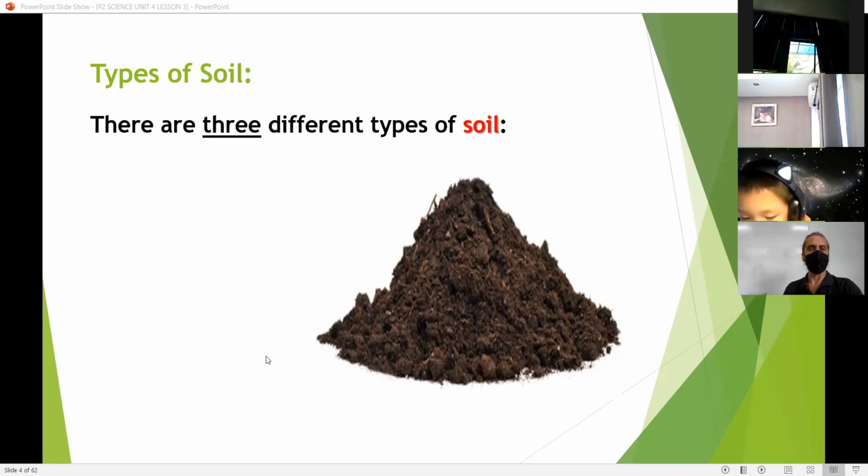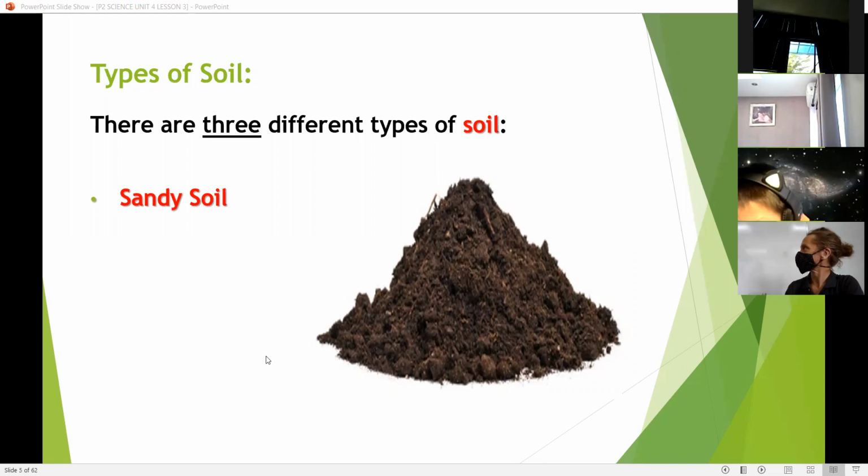Let's look at the first type here. What does this say in red? Sandy soil. Yes. The first one is sandy soil. Everybody, sandy soil.